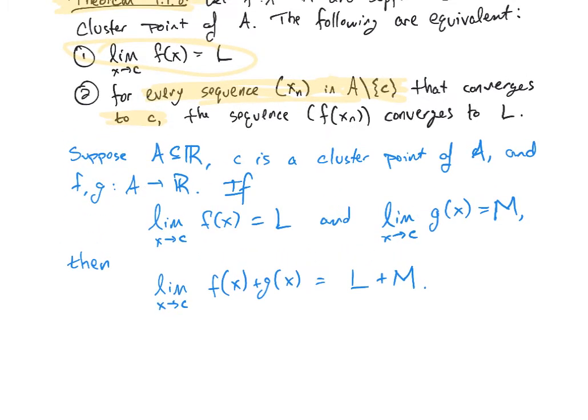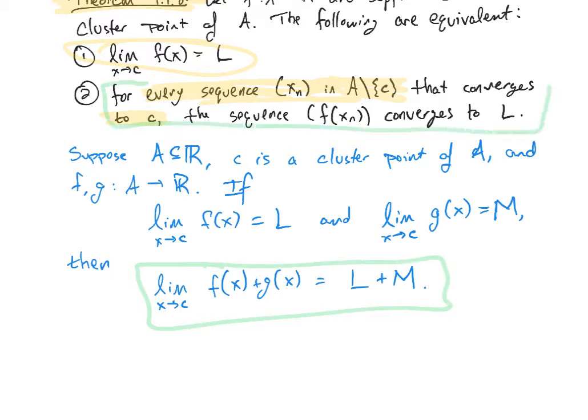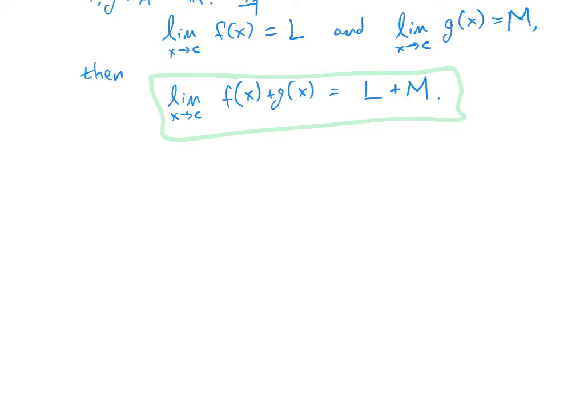What do we need to show if we want to show this? I need to show that for every sequence xn in A minus C that converges to C, the sequence f of xn plus g of xn converges to L plus M. Okay? So let's do it.